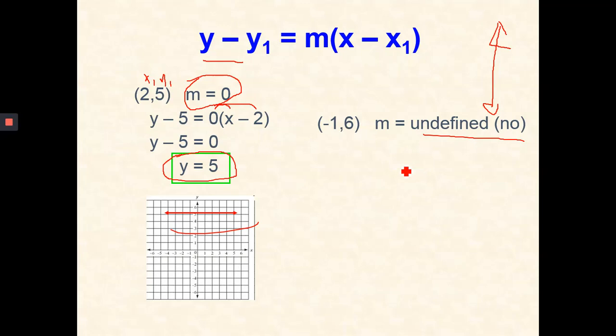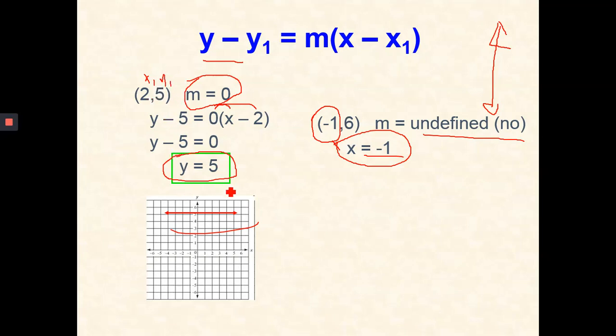So, in order to find the answer here, you just have x equals -1. So, you're just going to write this one. Whatever will be your x, that is now the equation. X equals -1. The same is true with this one. If your slope is 0, just get the value of your y.